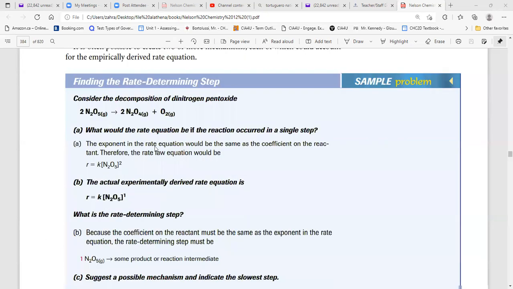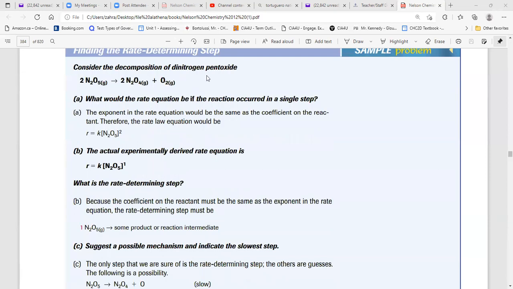So look at this question. Consider the decomposition of dinitrogen pentoxide, 2N2O5 gives you 2N2O4 plus O2. What would the rate equation be if the reaction occurred in a single step?